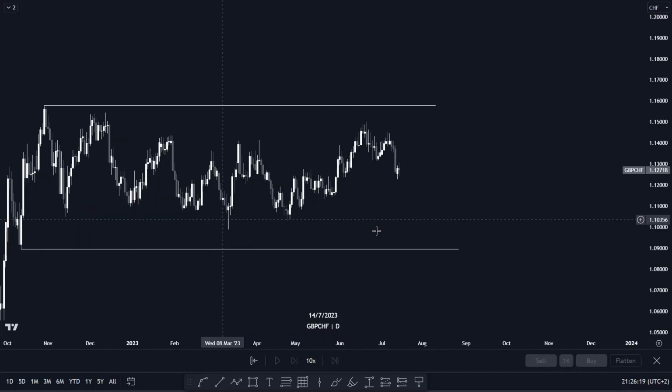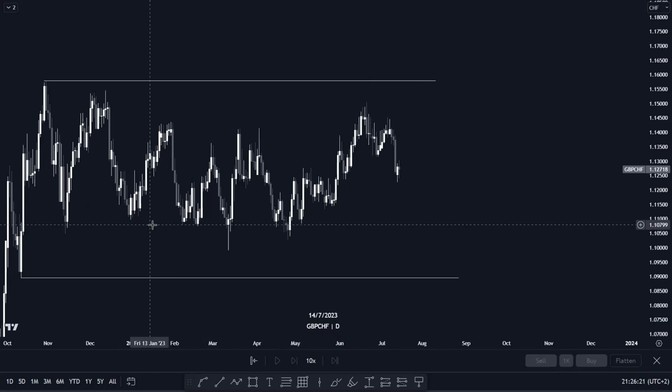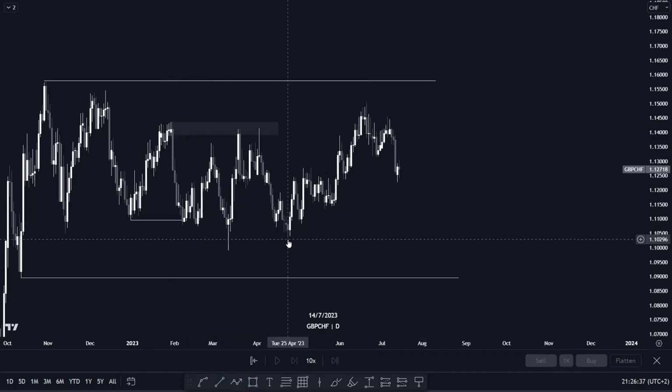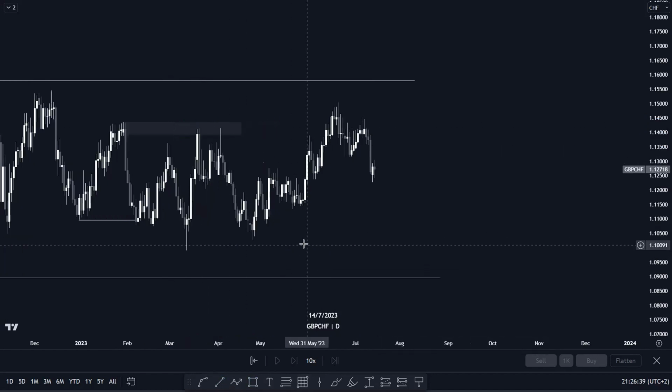then internally price broke this low here, and price respected this high here and pushed to the downside. But then price didn't violate our previous lower low here.